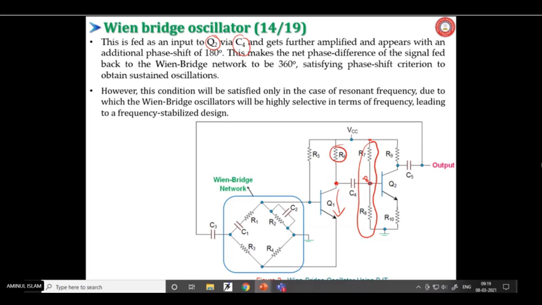So the voltage developed here, VC of Q1, for example, I'm taking, may or may not be the same. If you connect directly like this, the VC of Q1 will affect the biasing voltage of Q2, that is, the base-emitter voltage will be affected. Sometimes it is not acceptable.